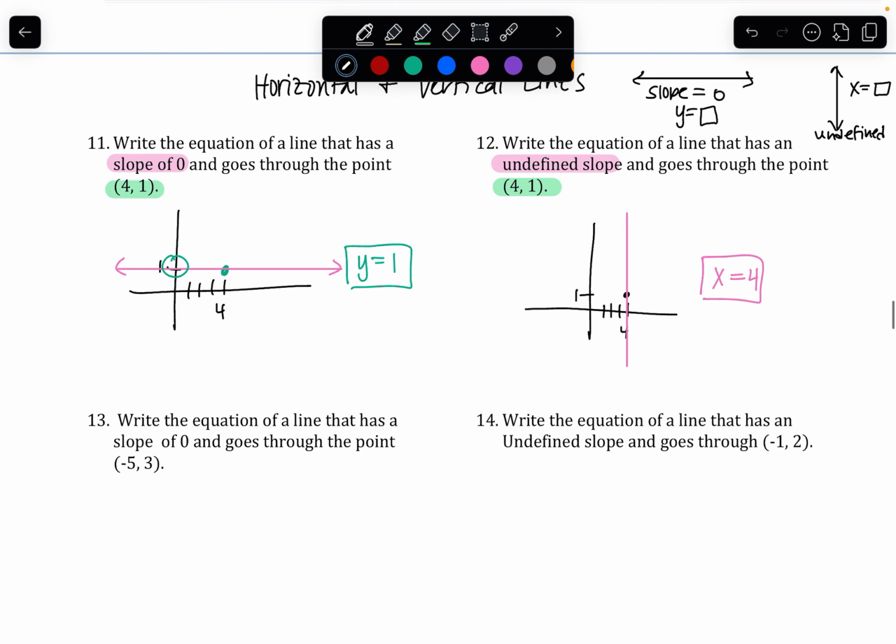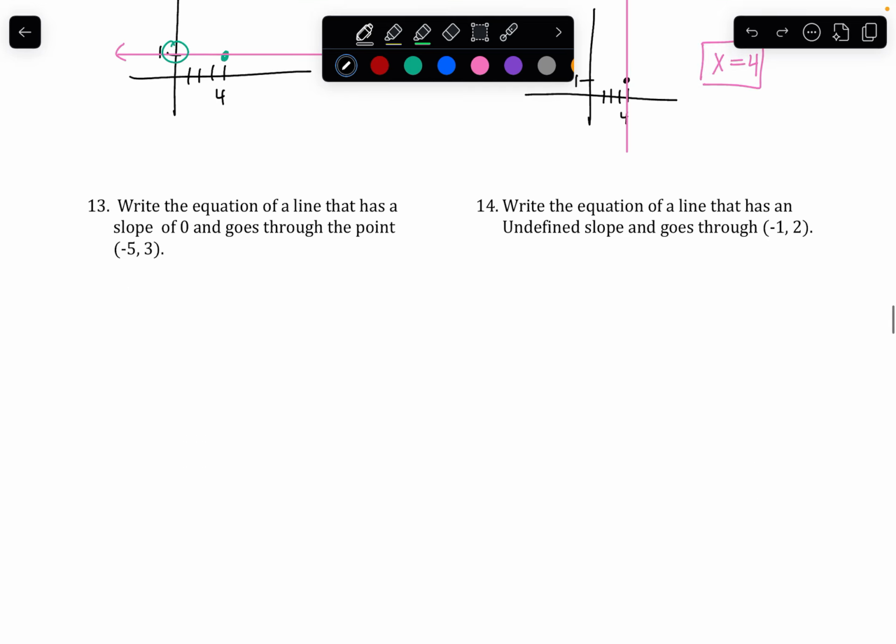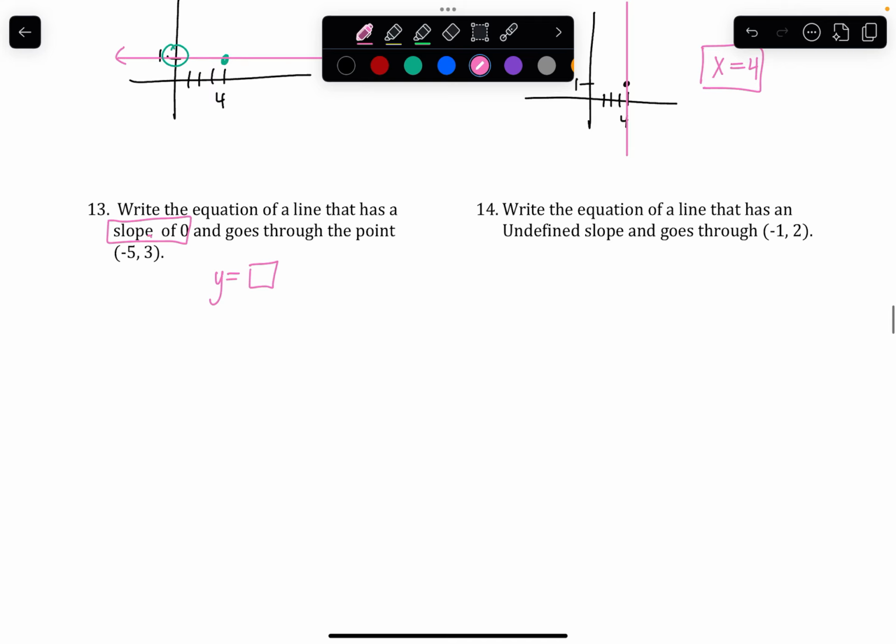Okay, and so when you're given a point, you can skip to y equals the y coordinate or x equals the x coordinate. You're not going to have y equals 4 because that's the x value. So for example, it says slope of 0. I know it's going to be y equals, and it goes through the point (-5, 3). That's the y value.